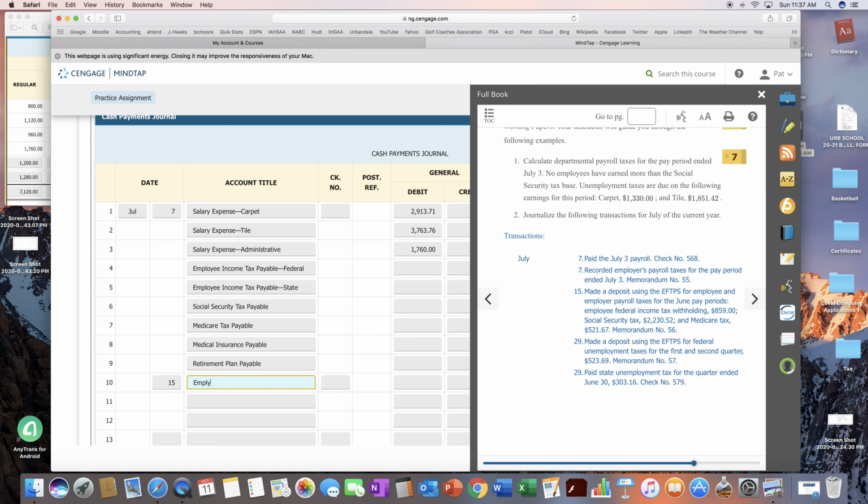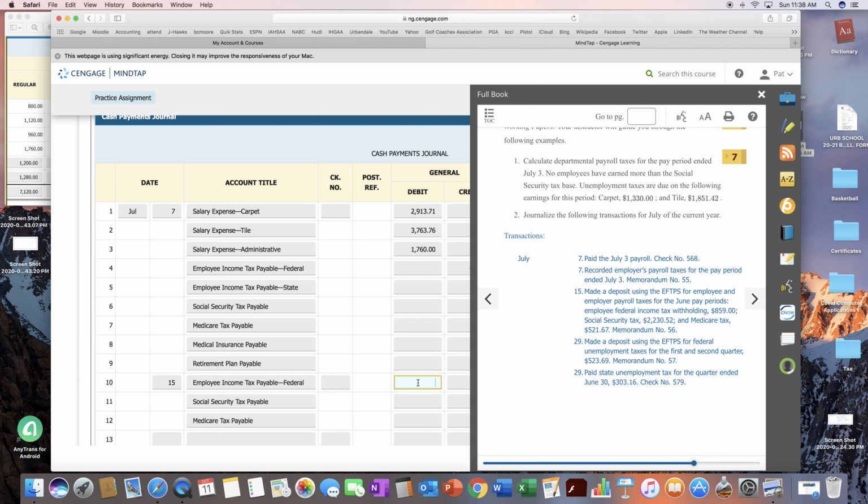So, employee income tax payable federal. The next one, Social Security tax payable and Medicare. Now, we haven't done anything with these. These are from a previous period. They gave us the numbers. So what we're going to do is put them in the general debit.